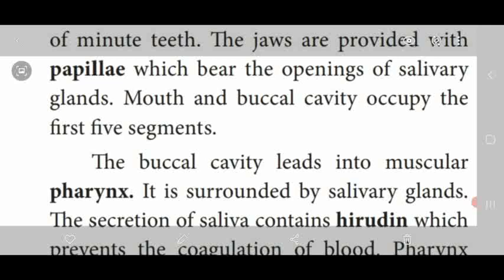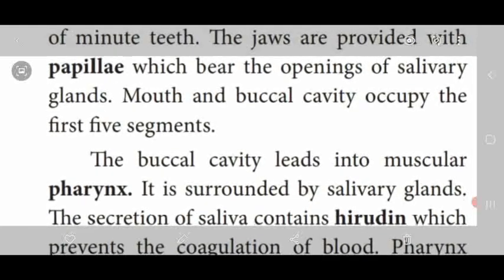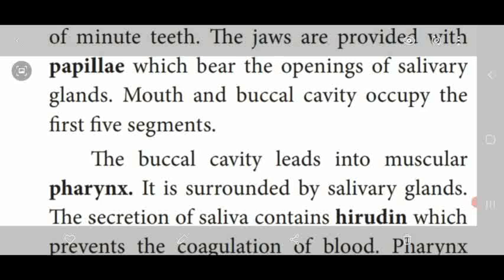Both mouth and buccal cavity occupy the first 5 segments of the leech. How many segments does the body of the leech contain? 33 segments. Out of 33 segments, the first 5 segments contain the mouth and buccal cavity.